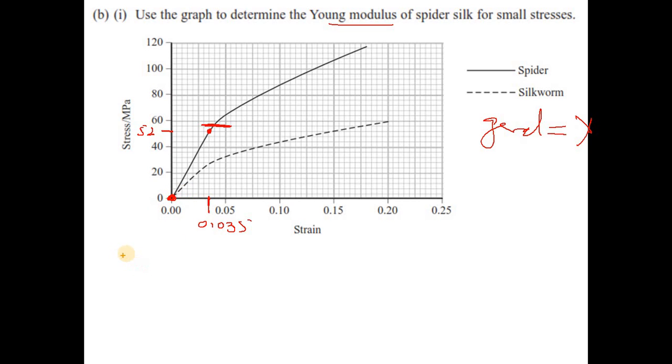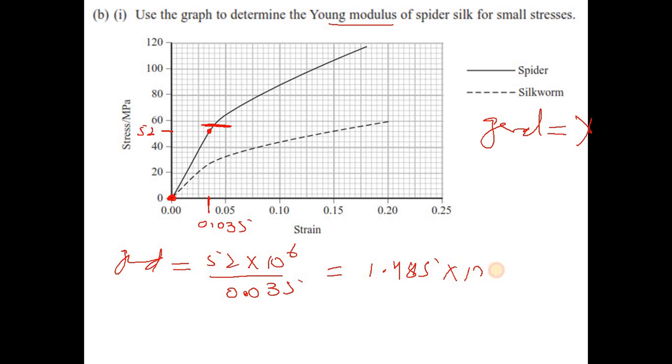So gradient is 52 million Pascal divided by extension. Extension is 0.035, and the gradient will be 1.485 times 10 to the power 9 Pascal, or you round it off.